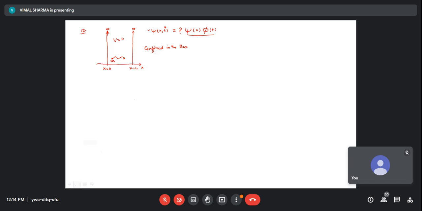I'm not touching that part, just giving you an idea. We are interested only in the position-dependent part of the wave function, so we are dealing with the time independent wave function, which is independent of time.